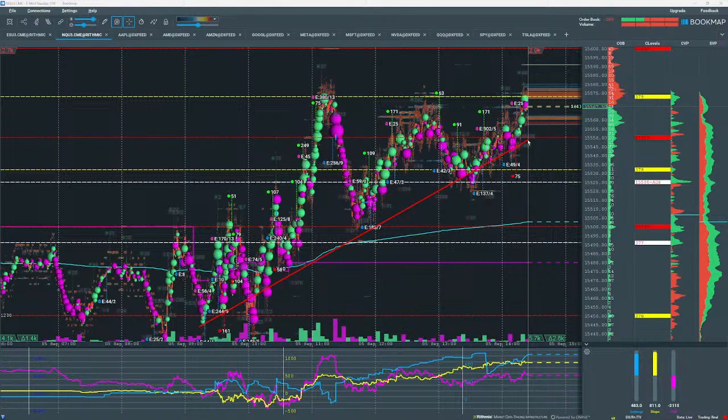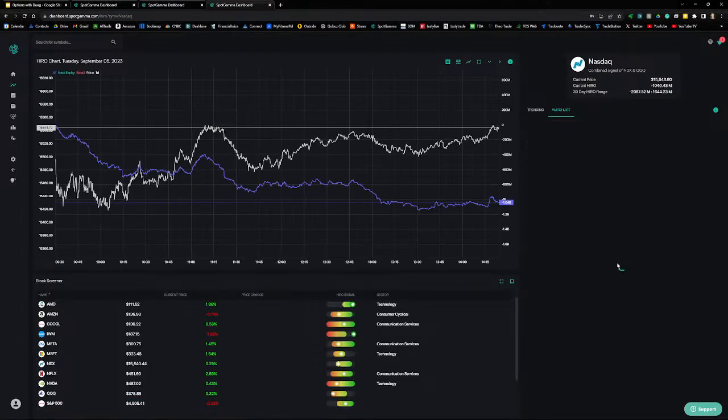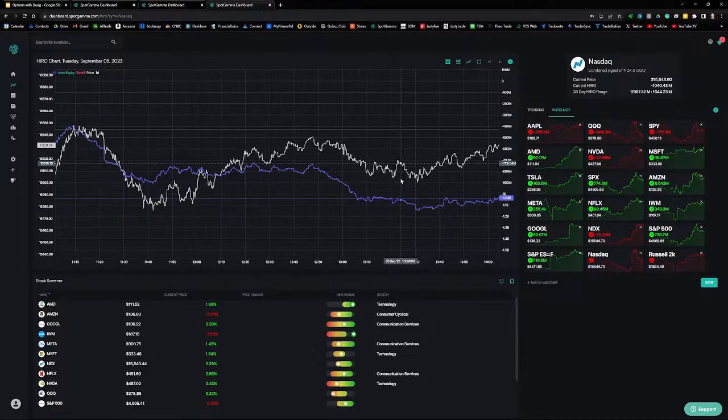Nasdaq continues higher, back up to the 379 level. Let's go see what options traders are doing. Still not much.